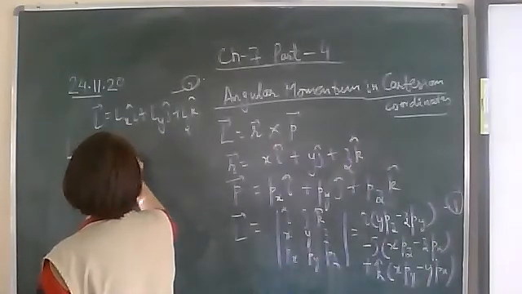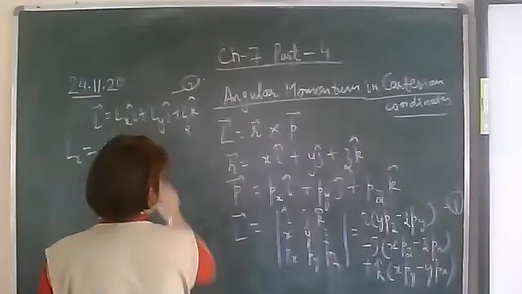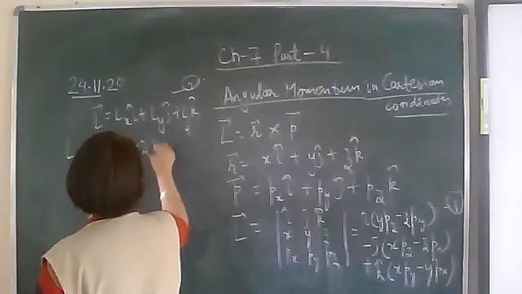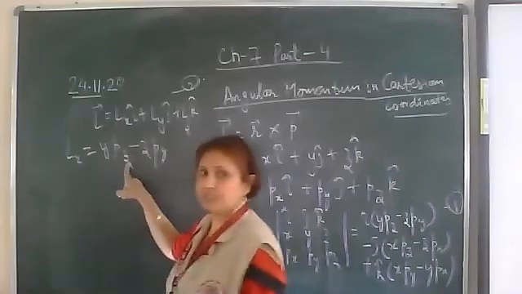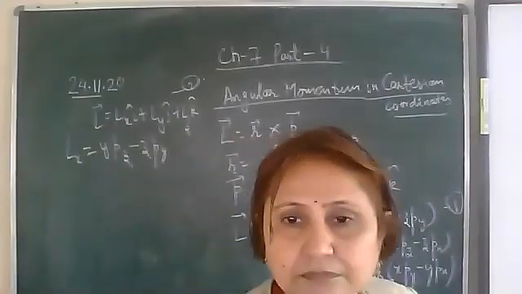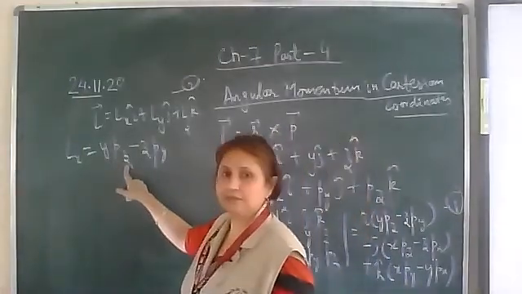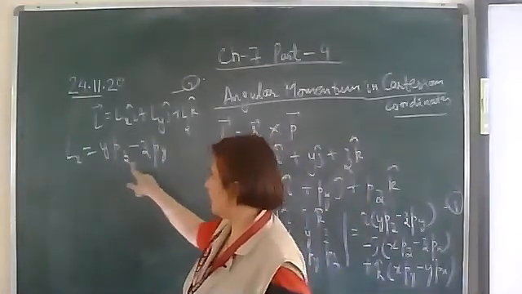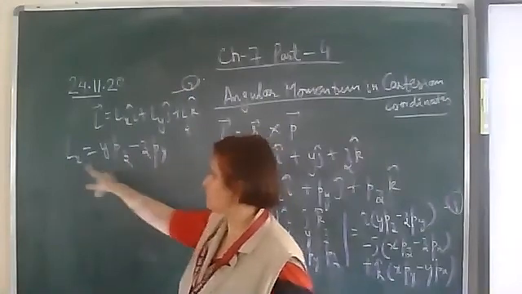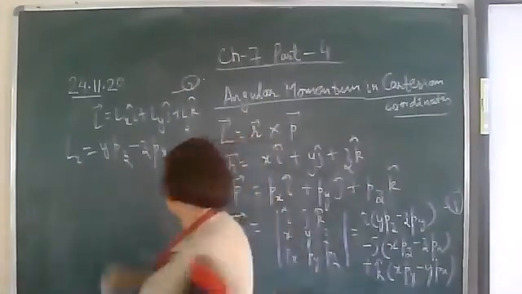Lx is the component of angular momentum along x-axis. As you can see here, this R and P are in the YZ plane, so L you will get along the x-axis.